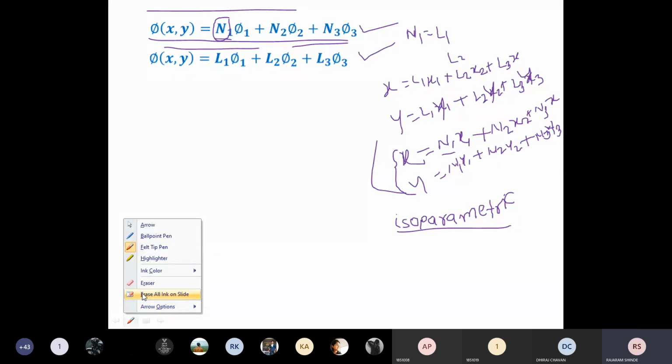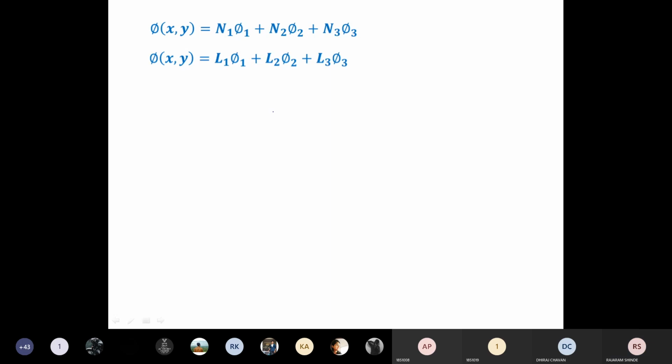Okay. Now next one. Now see here, for calculation of the stress, generally for strain or for thermal gradient. If you use this element for thermal analysis, then your equation is for the temperature. This phi will be replaced by temperature.